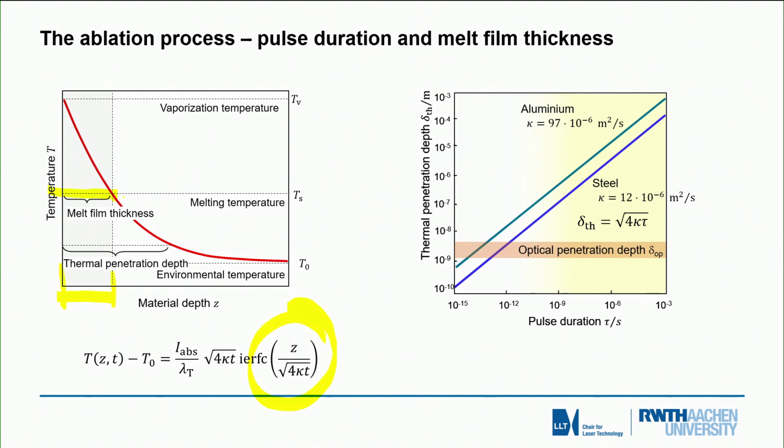So this melt film thickness will of course get smaller and smaller the less time we allow for irradiation. This effect is plotted on the right graph in more detail.